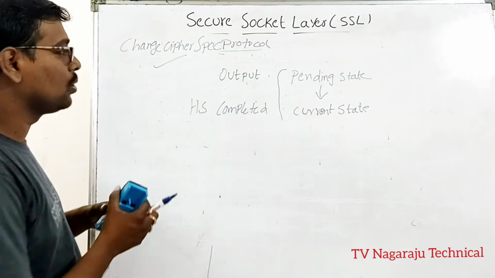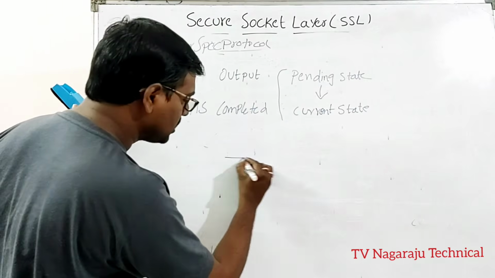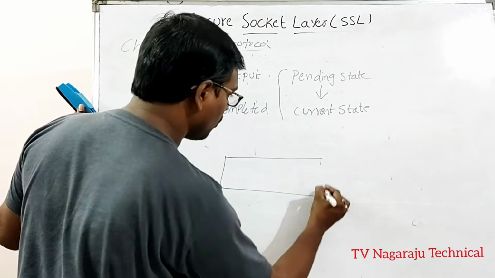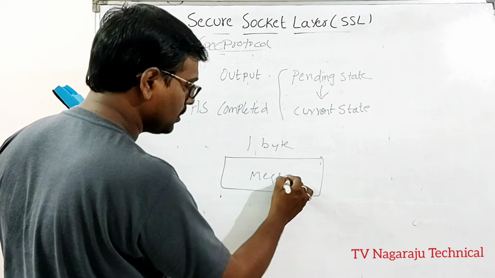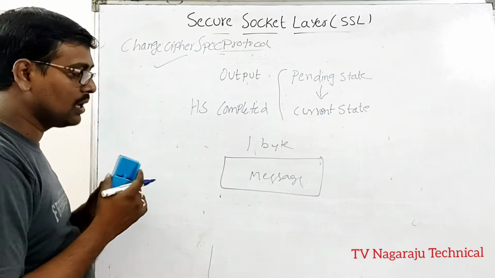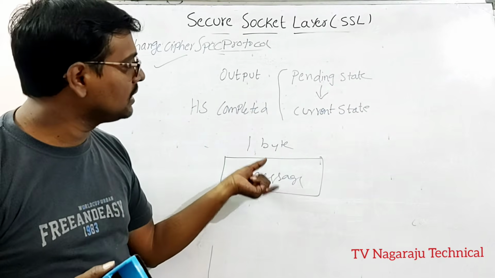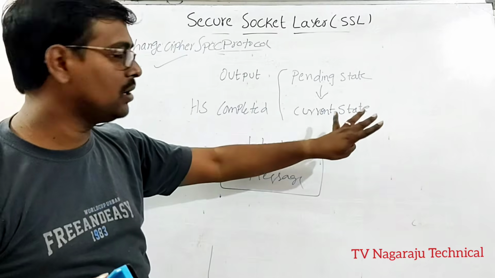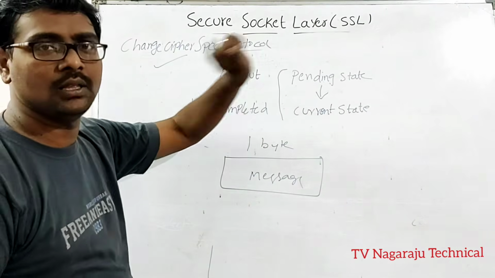This protocol converts the pending state into the current state. It consists of a 1 byte message. By using this, it converts the pending into current. Only one task. The purpose of this protocol is only this task.